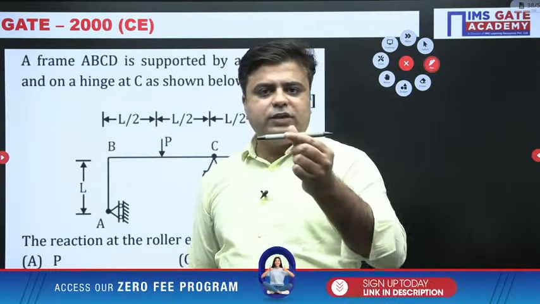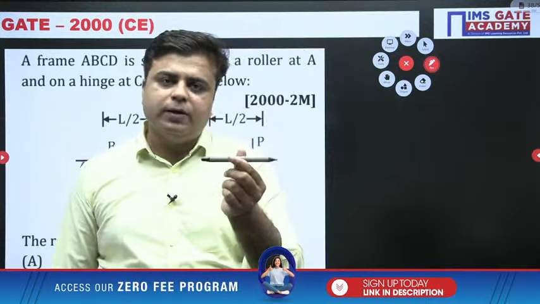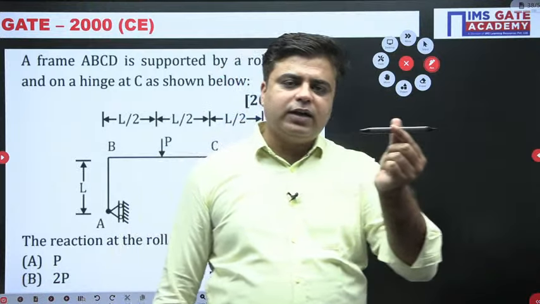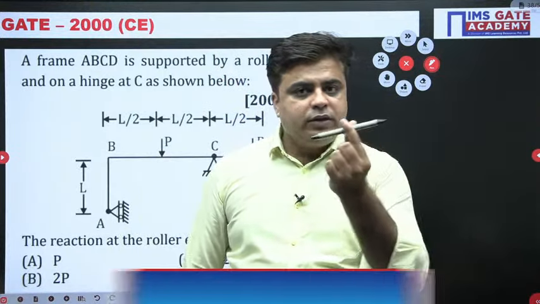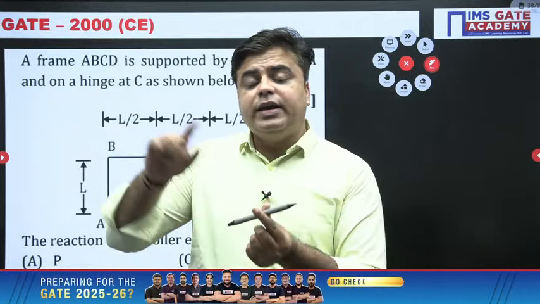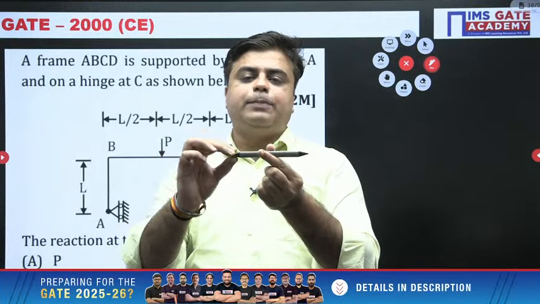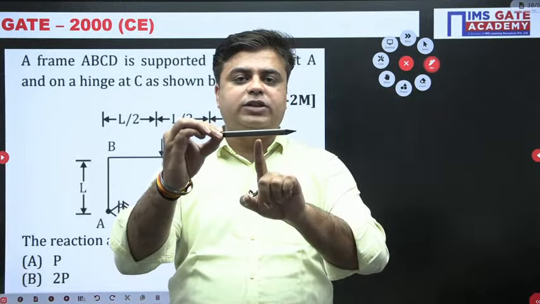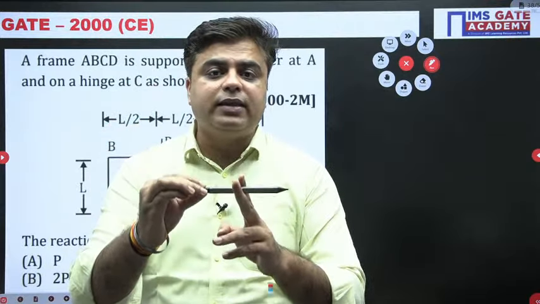For example, if this is my body and it is not supported, on the application of load this body will start undergoing rigid body translation. This type of translation you study in engineering mechanics. But in strength of material, there will be a support to hold the structure in its initial position, meaning the body we analyze is at rest.